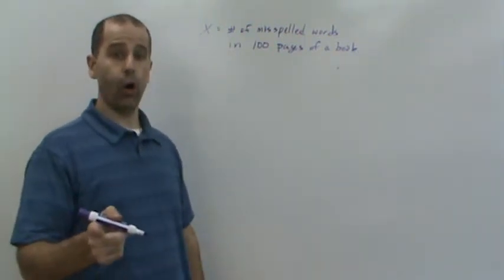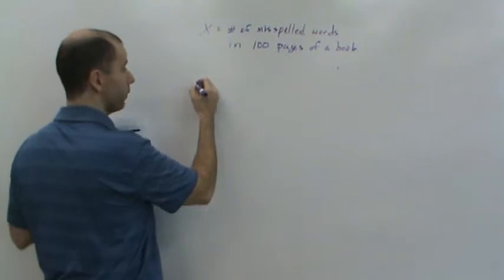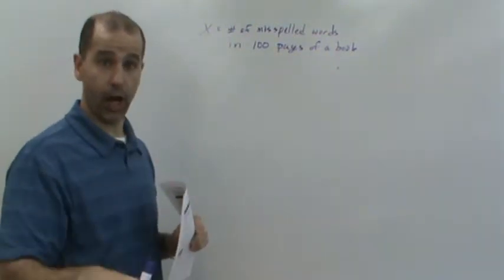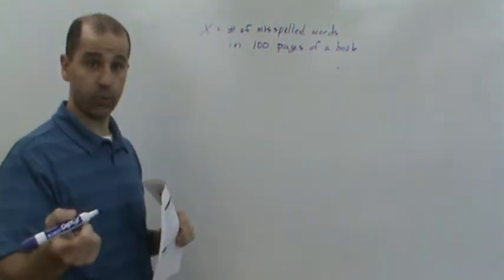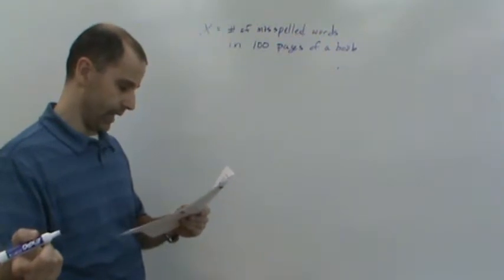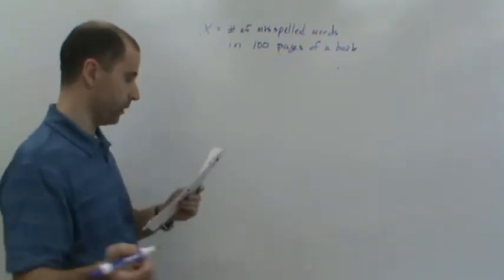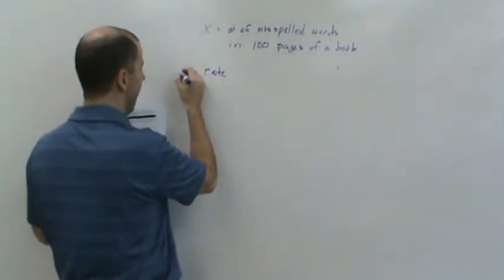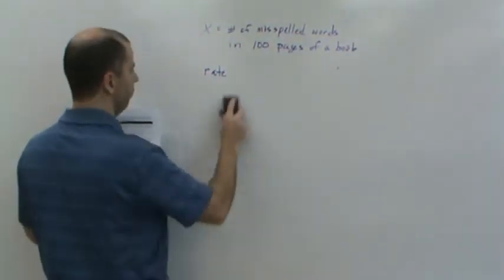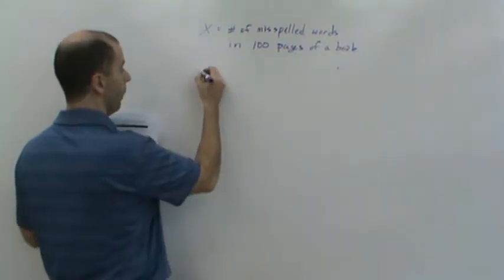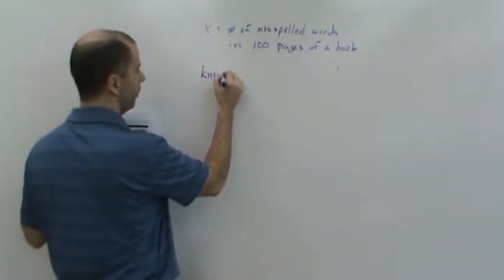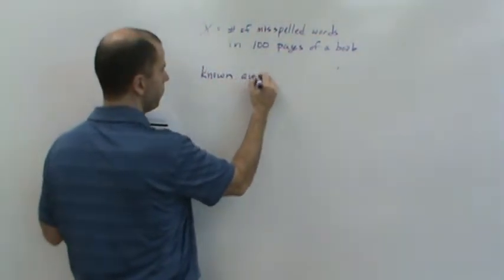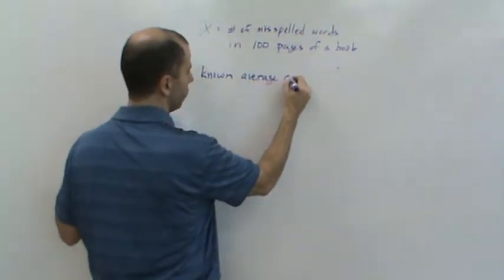Well, we know that the average number of words misspelled out of 100 pages is what? It says 5. So the rate, right, the average rate, or remember I'm going to use the words known, so known average rate, right?